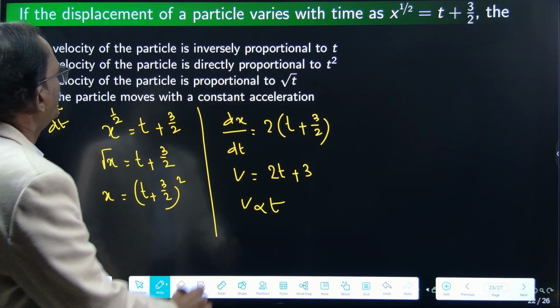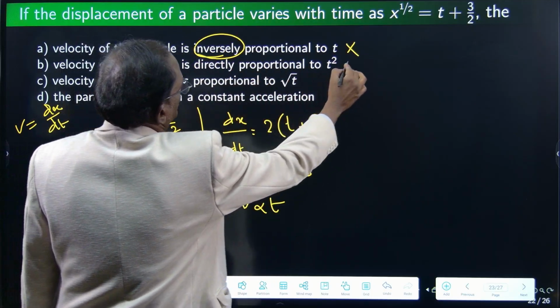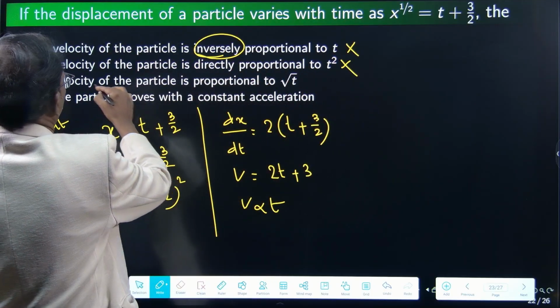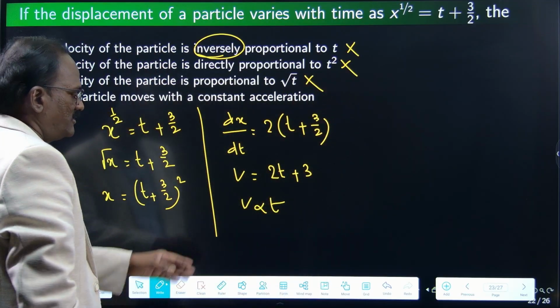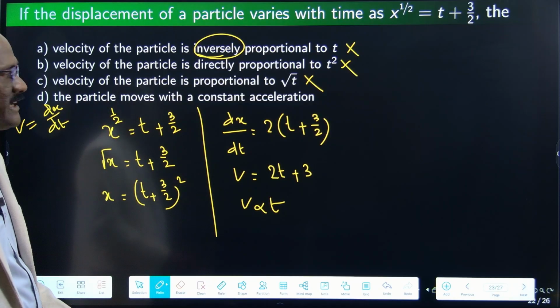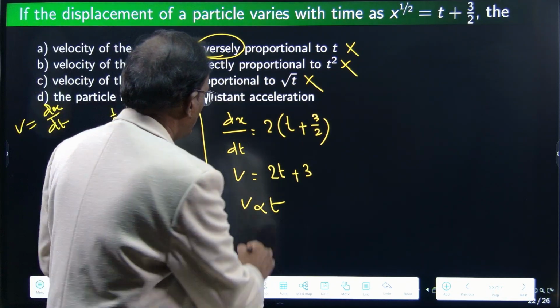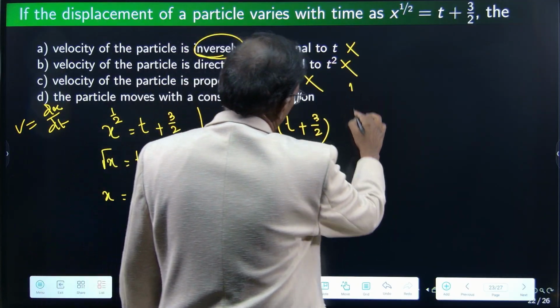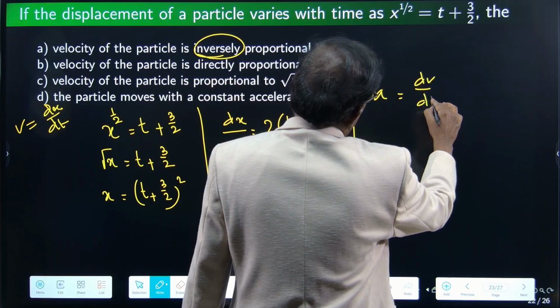Velocity of the particle is inversely proportional to t: wrong. Directly proportional to t square: wrong. Velocity of the particle is proportional to square root of t is also wrong. Velocity of the particle is proportional to t only. Option D is right. Let us check by finding the acceleration also. V is equal to 2t plus 3. So A is equal to dv by dt.